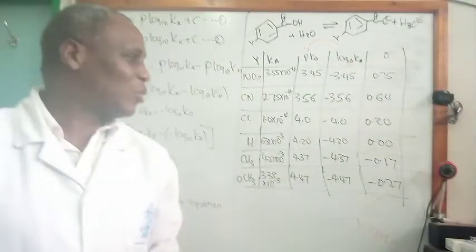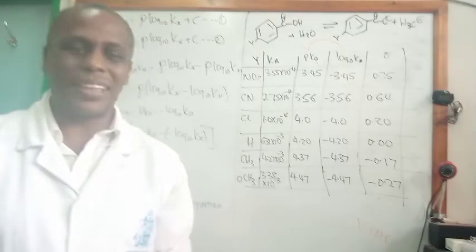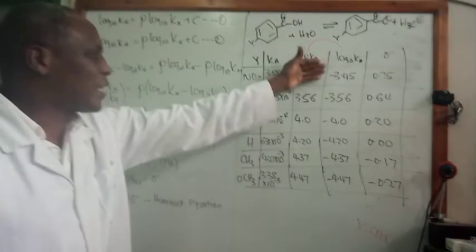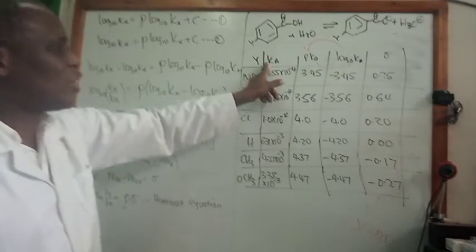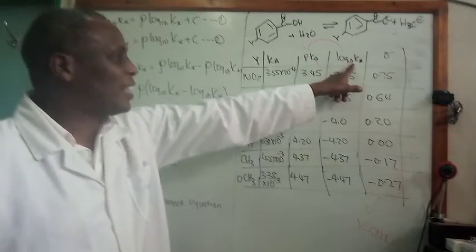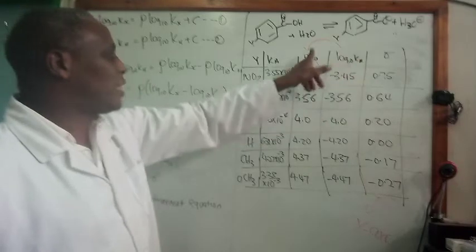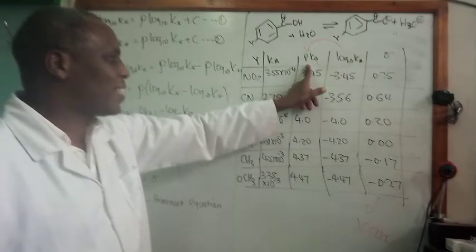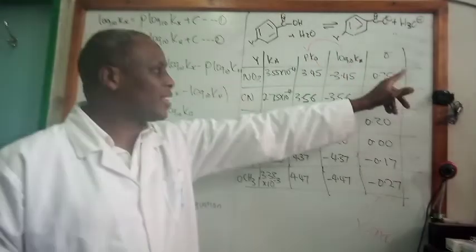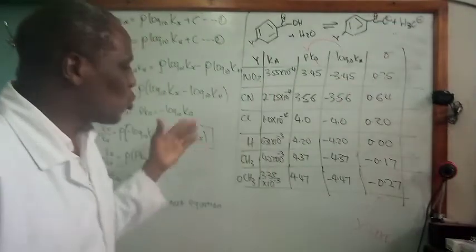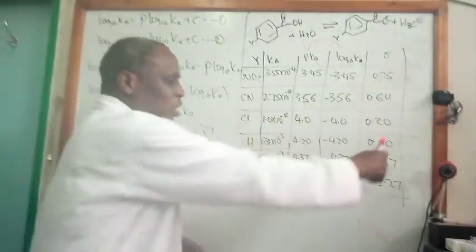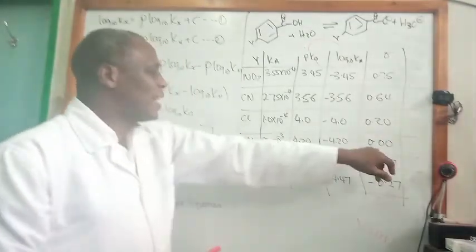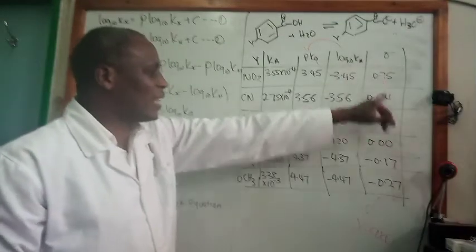Can you see how this question can become complicated? So you can be given the pK values, or you can be given the Ka. It means you're going to determine the log base 10 of the Ka, convert it into the pKa, and then determine the sigma. The sigma means you look at the row where there is the hydrogen, which is your reference point, and then you subtract the other figures relative to it.